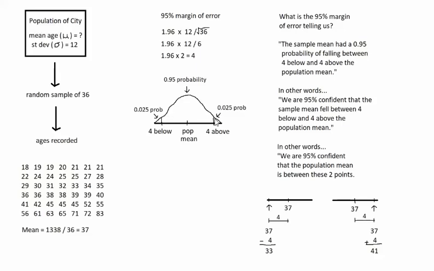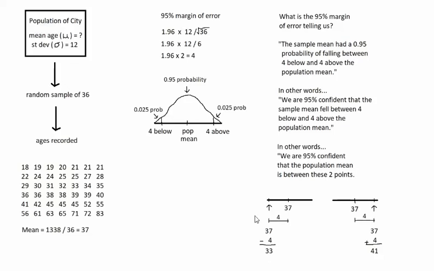Well, we know that the sample mean is 37. So if this sample mean of 37 is 4 above the population mean, then the population mean is down here, 4 to the left, and the population mean equals this number down here, which is 33.